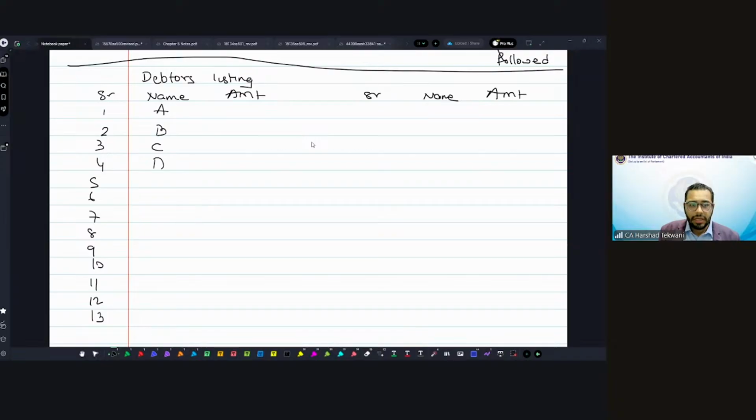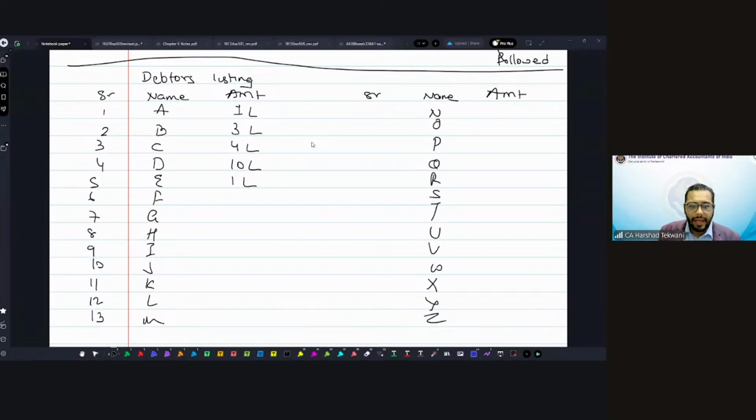The names are A, B, C, D, E, F, G, H, I, J, K, L, M, N, O, P, Q, R, S, T, U, V, W, X, Y, and Z. Now, with amounts, let's say you have 1 lakh, 3 lakh, 4 lakh, 10 lakh, again 1 lakh, 2 lakh, 3 lakh, 14 lakh, 13 lakh, 2 lakhs, 10 lakhs, 1 lakh, 1 lakh.